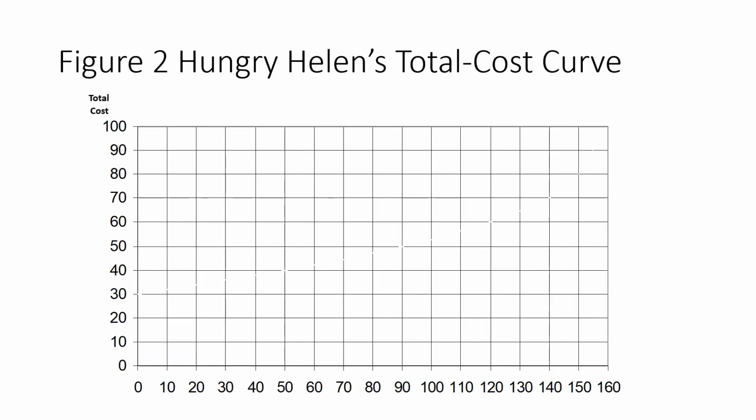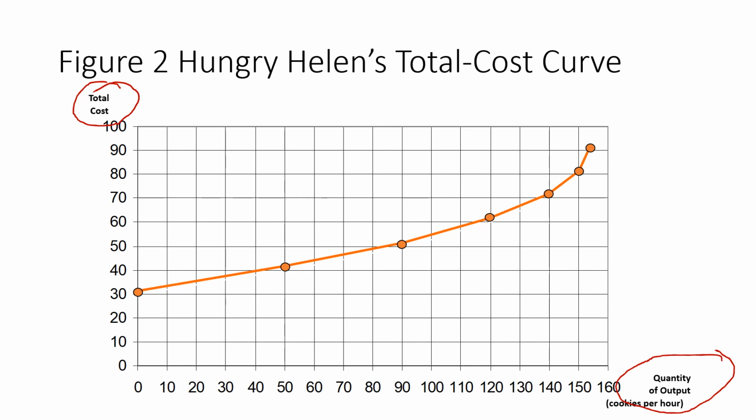Here is the graph. We graph the total cost on the y-axis and the output on the x-axis, and see, when we were producing 0 units, the total cost was 30. Why was it 30? Because that was the fixed cost, we were still paying for the factory.